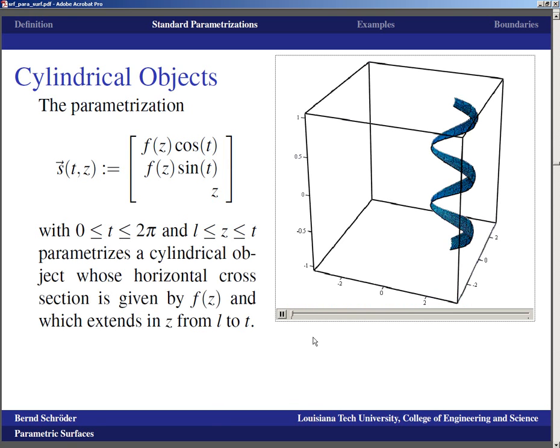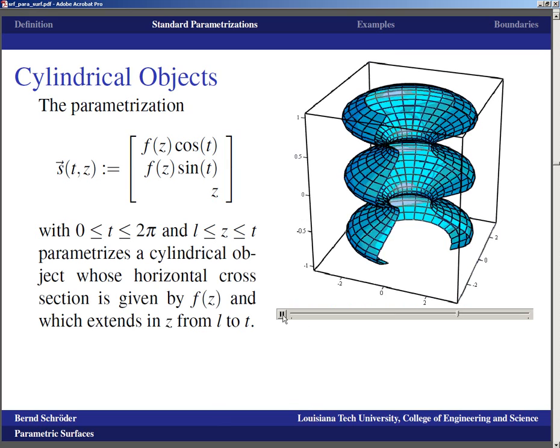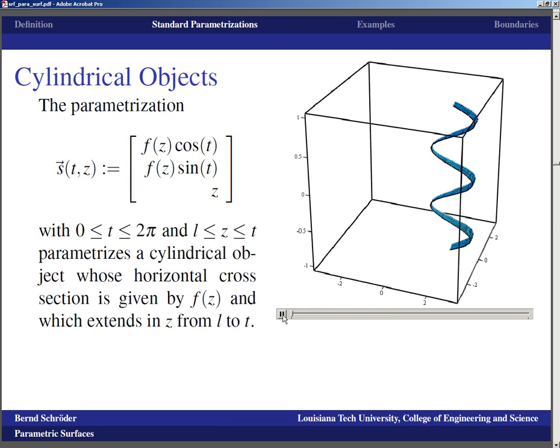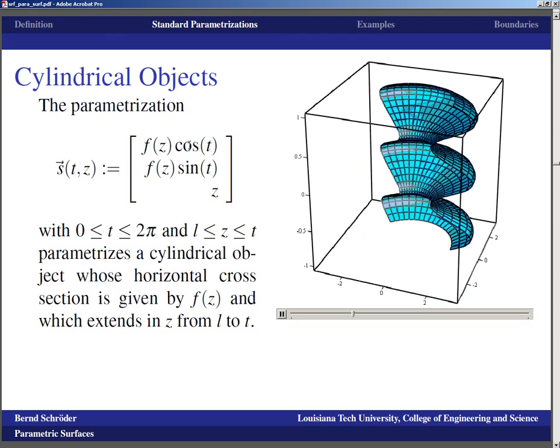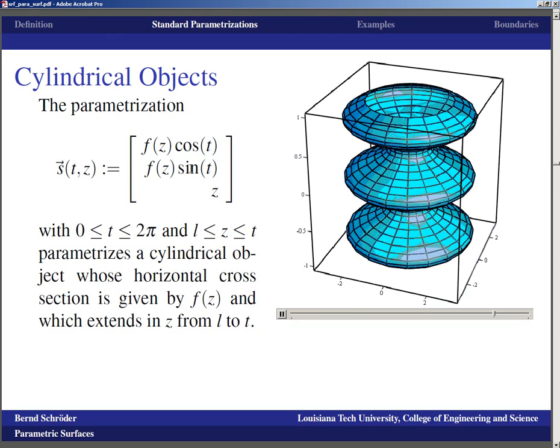And that's exactly what we have already seen in solids of revolution, because basically we have a function where the radius depends on z, so that's a function that is drawn in the upwards direction, and then that function is rotated by cosine t, sine t around the z-axis.